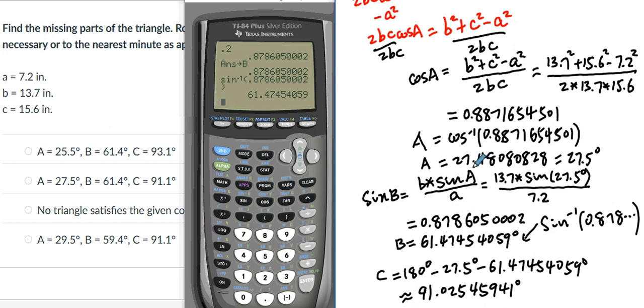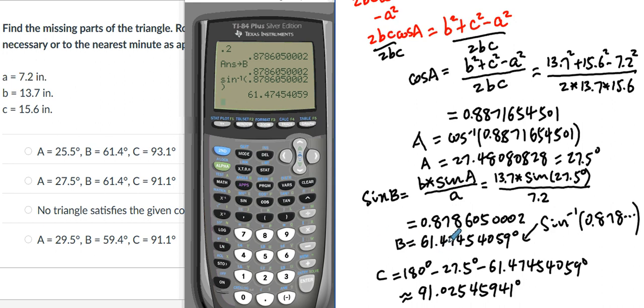If we used 27.48 something, we may get this digit less, so we shall get 61.4 something.